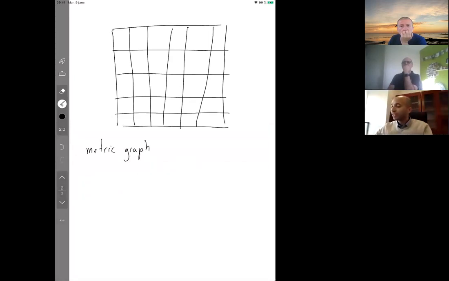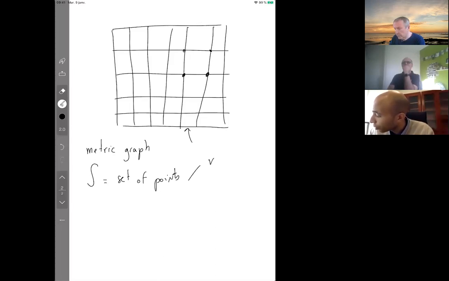It means that instead of just looking at vertices, at nodes in my graph, I will consider also any point which lies on the edges. So let's say I call it S. That's a set of points which are either a node, so a vertex, or a point on an edge of the graph.